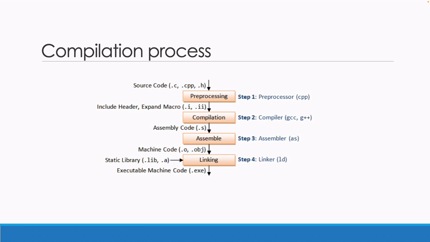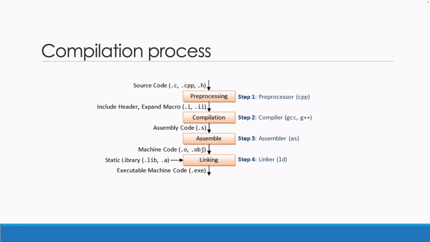We're going to see the pre-processor later. Step number 2, it does compile. The compiler runs, and it includes whatever we need to include, whatever macros we use. We're going to see macros also later on.